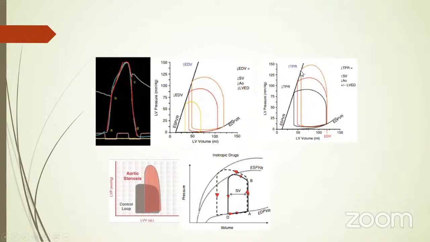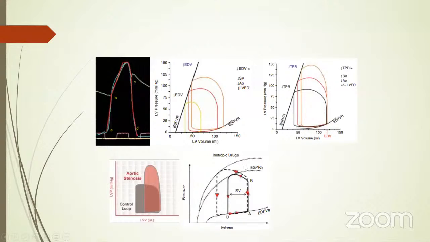Also, the end diastolic pressure volume will increase. And the same happens in aortic stenosis, where afterload increases due to the stenotic aortic valve. So the end diastolic pressure volume increases, and stroke volume decreases also.